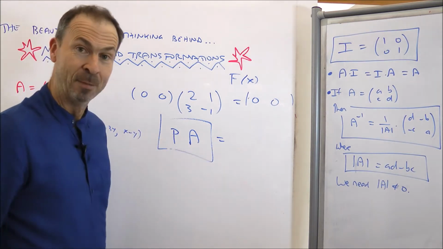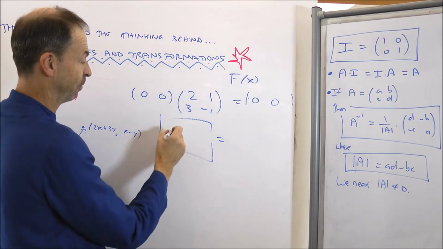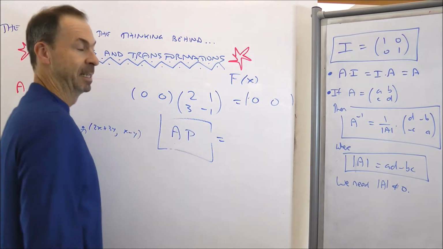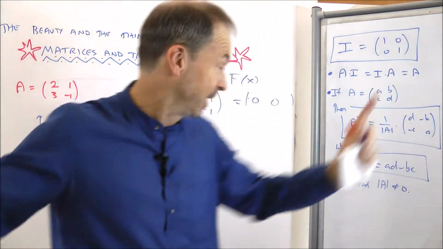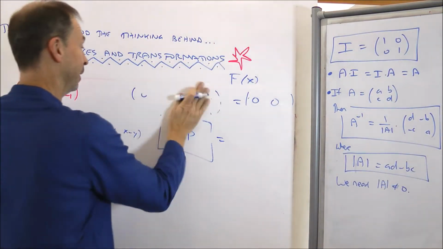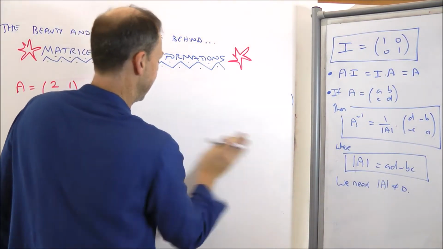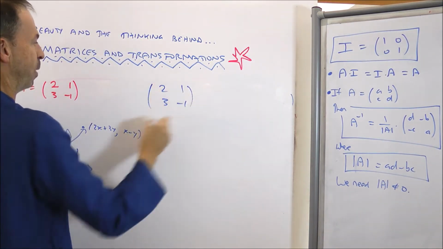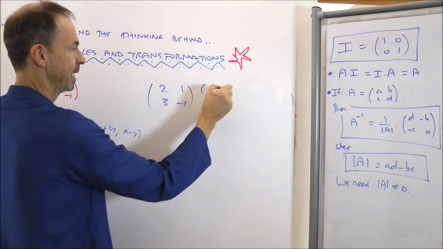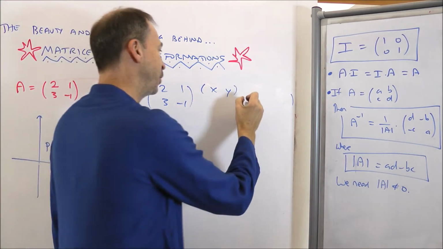That's the wrong order. So people would prefer me to write the operator first and then what we're acting on second, A times P. But then there's a problem with that. A times P doesn't work. Let's do it. Here's A. It's 2, 1, 3, negative 1. Here's my point P as a matrix, x, y. Let me try to multiply it.